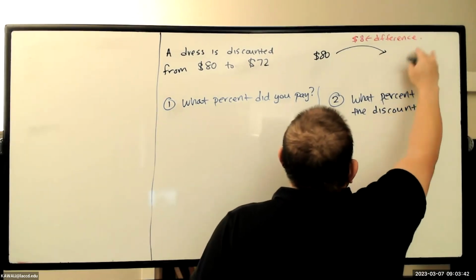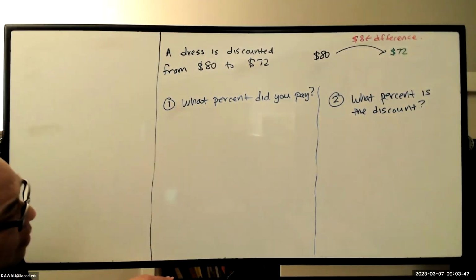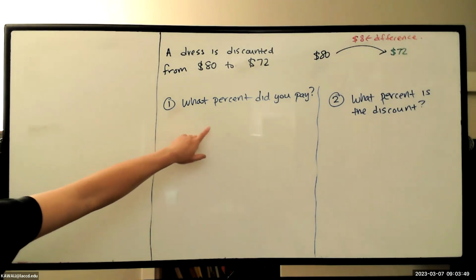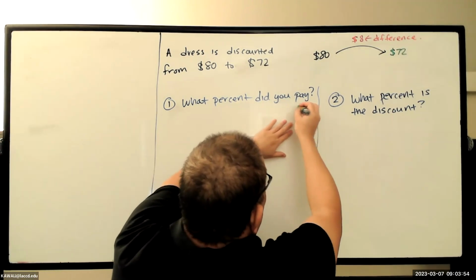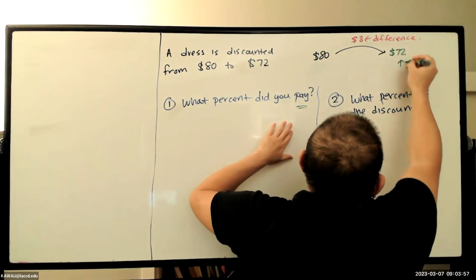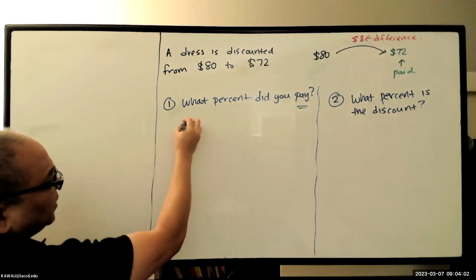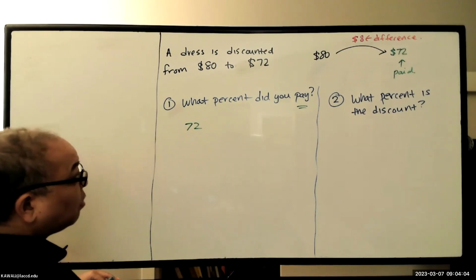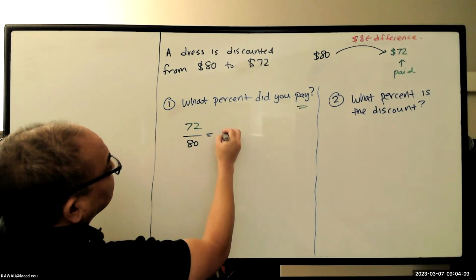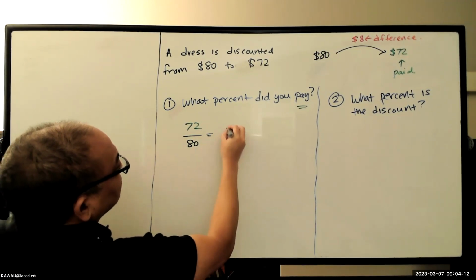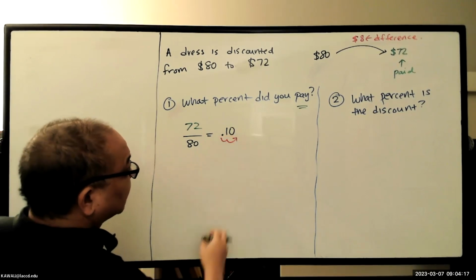So when they're saying what percent did you pay, in terms of what I paid, this is what I paid. So this would be 72 over 80, which is equal to 0.90. And then you'll move this two places and you'll get 90%.